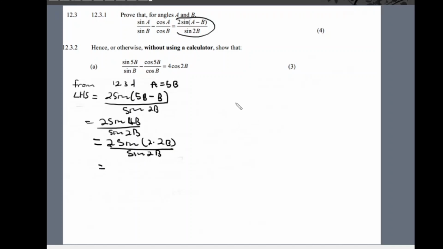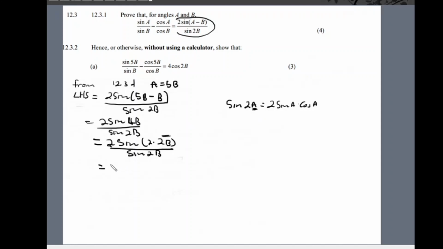Okay. So now we have sine 2B. Remember that if you have sine 2A, this will be 2 times sine A cos A, right? From the identity on the formula sheet. But then we have sine 2 times 2B. So in place of A, we have 2B, right?